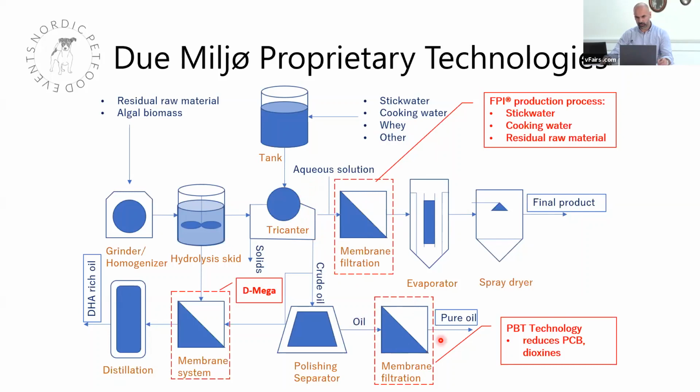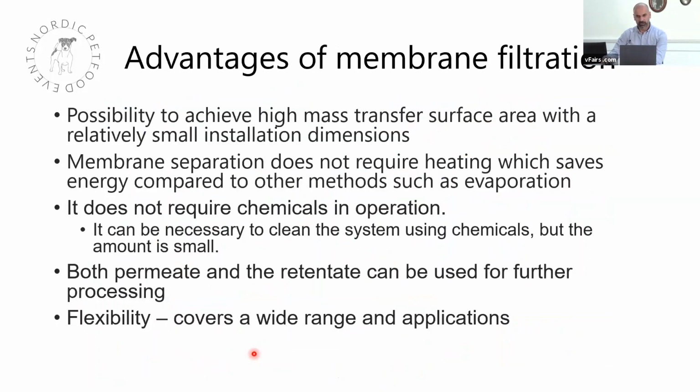Then we can purify oil, removing PCBs, PTBs, dioxins, and then we have this DMEGA technology, which is the extraction or up-concentration of DHA from algal biomass. That's the technology I'll be talking about later.